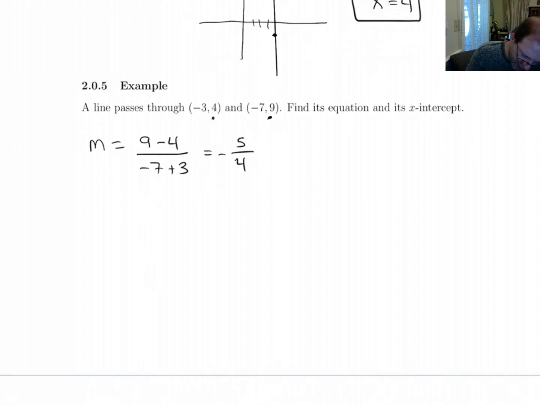So find the y-intercept. We can use either point. I'm going to use this one. Y minus 4 equals -5/4 times x minus -3.